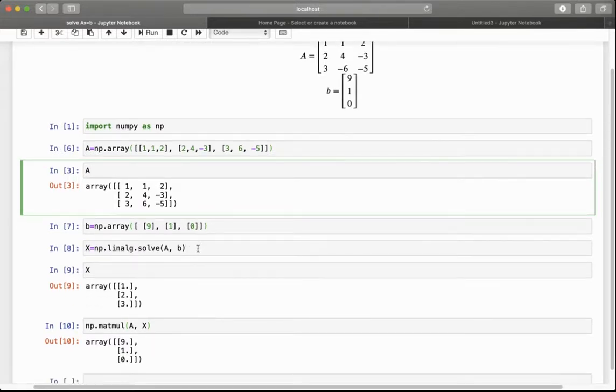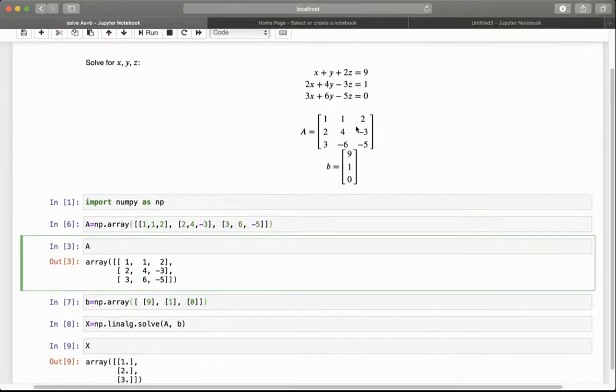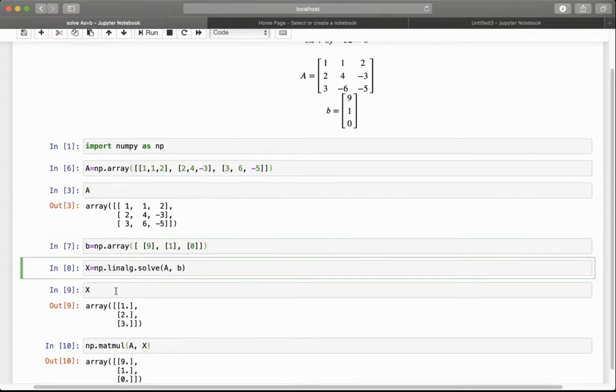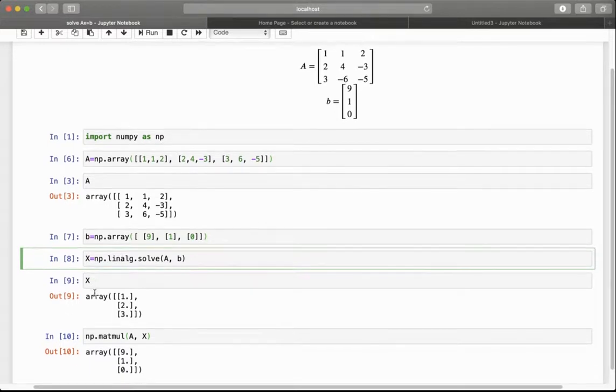Okay, and then finally here is the code in input 8 for how to solve the equation, where A is the matrix of coefficients, and B is this matrix out here. And that's np.linalg.solve(A, B). And then that output I'm going to capture with the variable X. I could call it whatever, but it's typical to call it capital X, and that's what I did here.